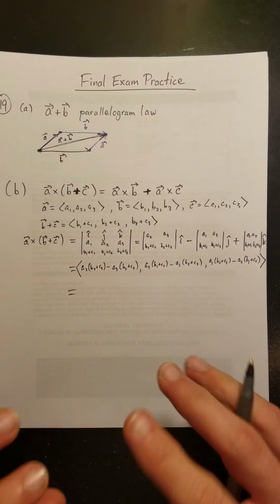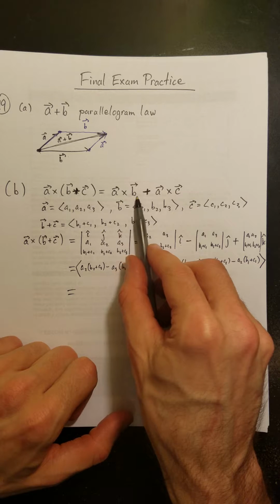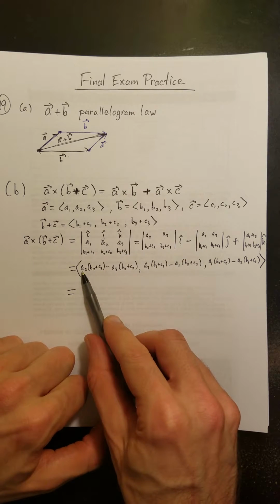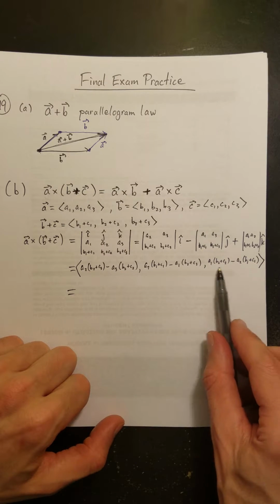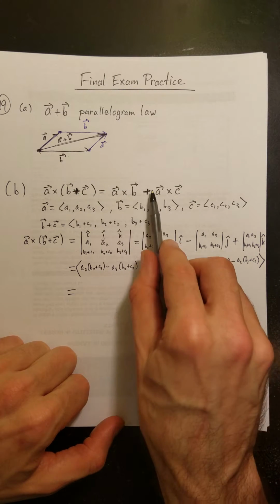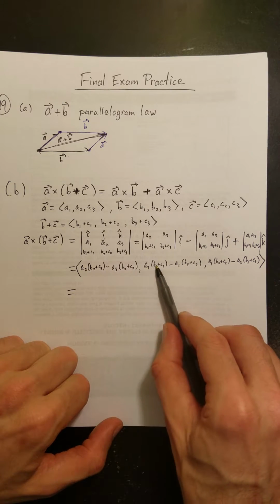And so now I just want to split this up because I think it's pretty easy to see that the components here, a cross b, are just a2 b3 minus a3 b2, etc., all of the terms with the a's and b's. And then our cross product a cross c are just all the terms with the a's and c's.